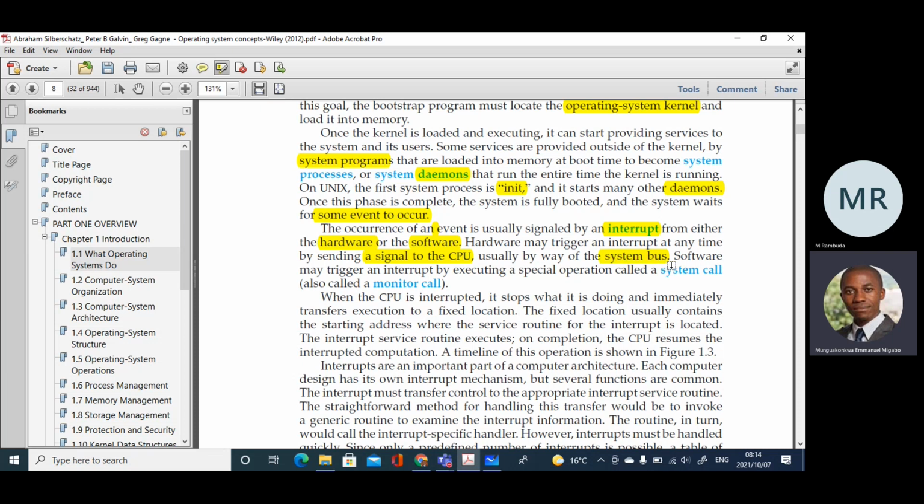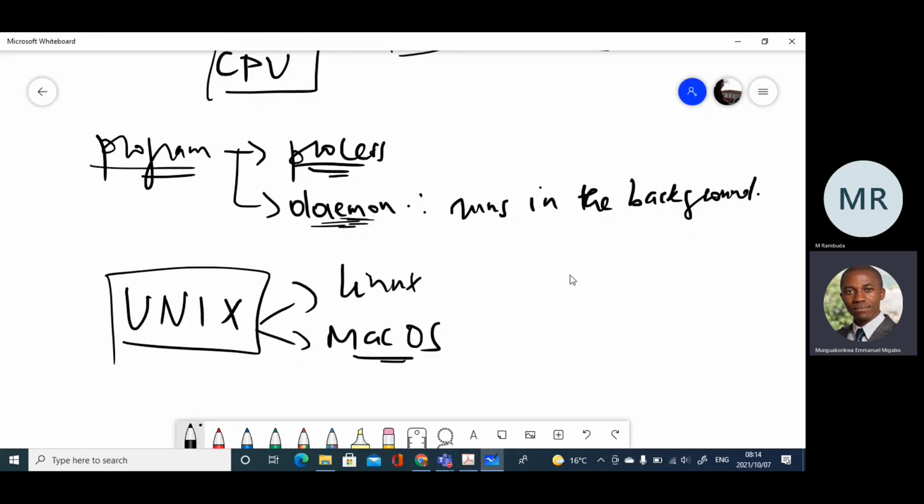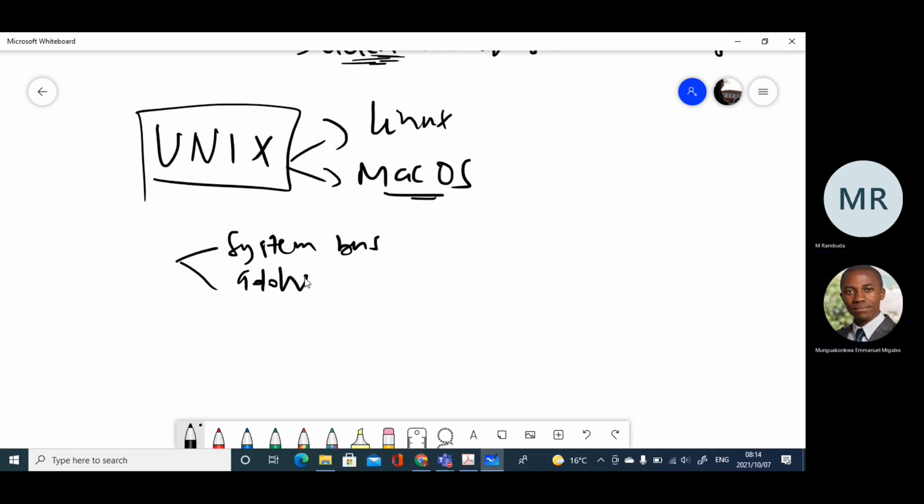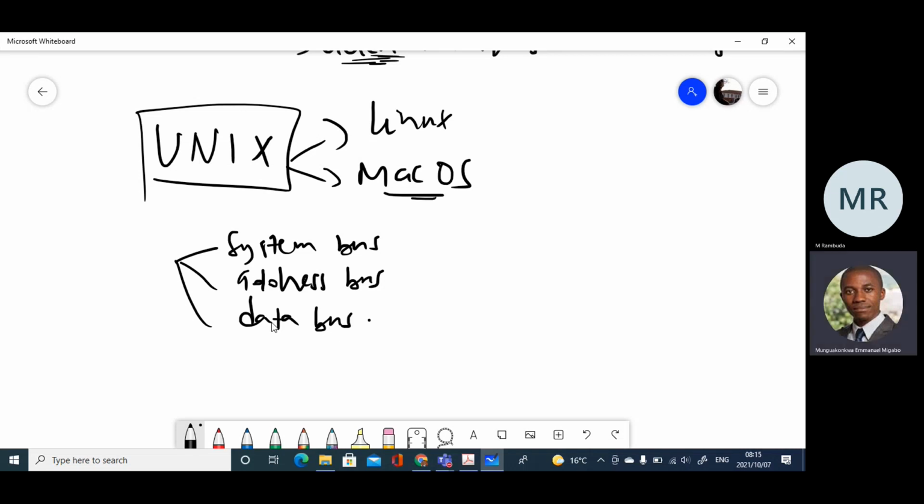Now, you know from computer architecture that in terms of buses, we actually have a system bus. This is also part of revision. We've got address bus, we've got data bus.